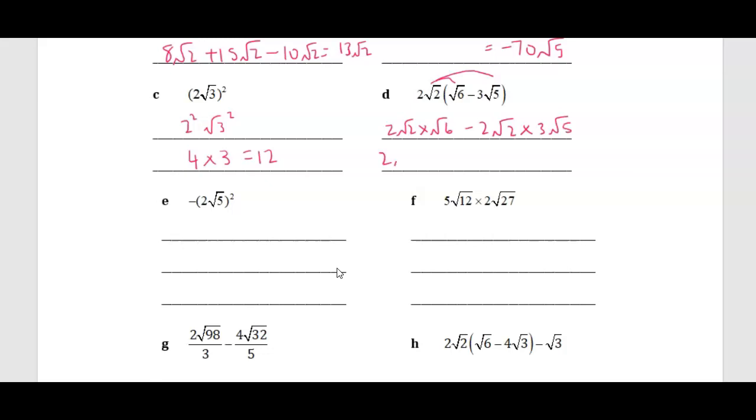So we've got 2 root 12 minus 6 root 10. And I just need to simplify the root 12. So that's going to become 2, 4 times 3, minus, and the 10 can't simplify. So we're going to have 4 root 3 minus 6 root 10.